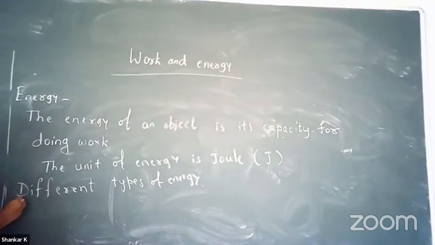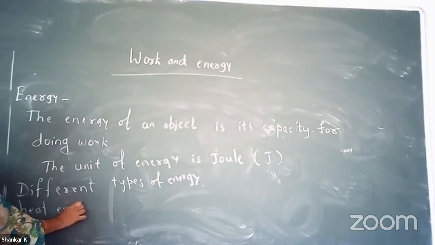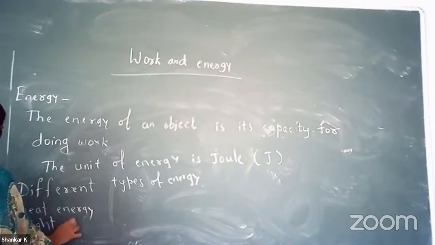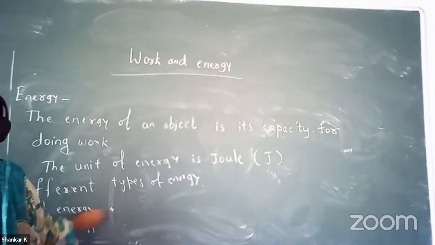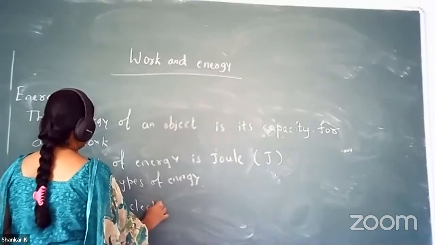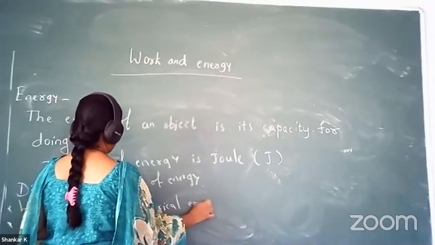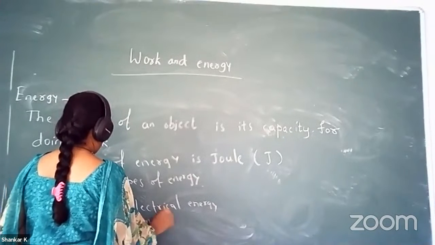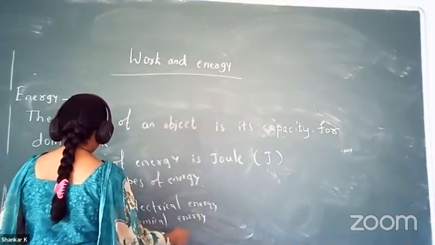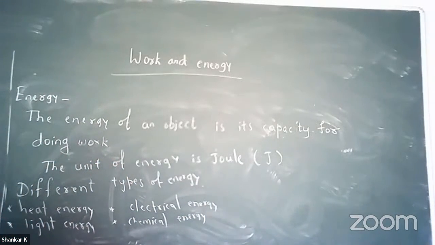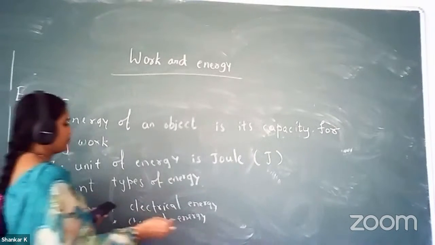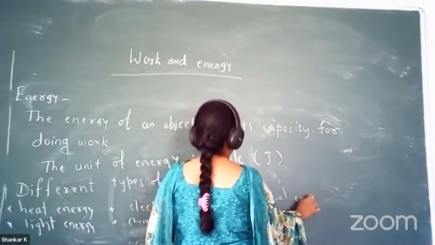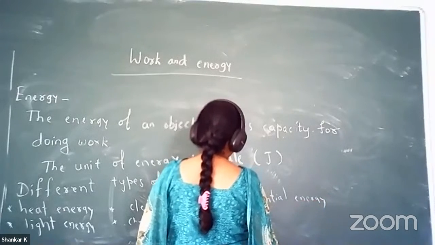Some examples I'll give: heat energy, light energy, electrical energy, chemical energy, etc. Here, potential energy and kinetic energy are also two types.